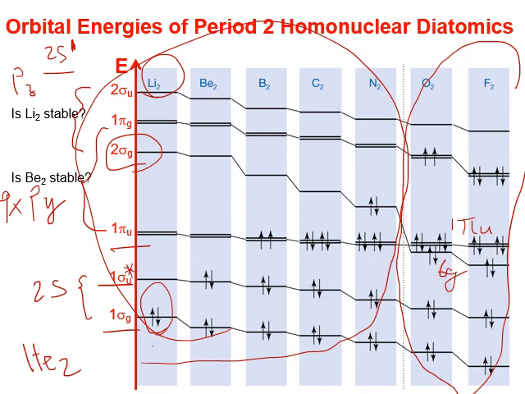Similarly, 1 pi u is bonding, 1 pi g is anti-bonding, 2 sigma g is bonding, and 2 sigma u is anti-bonding.